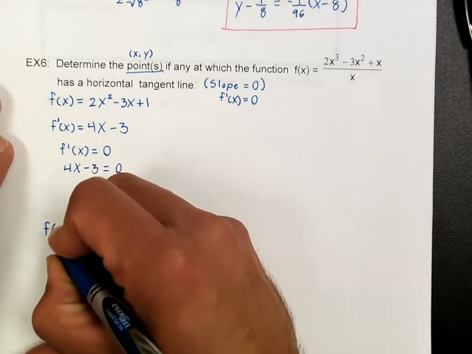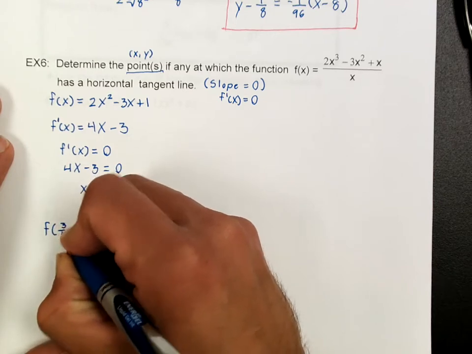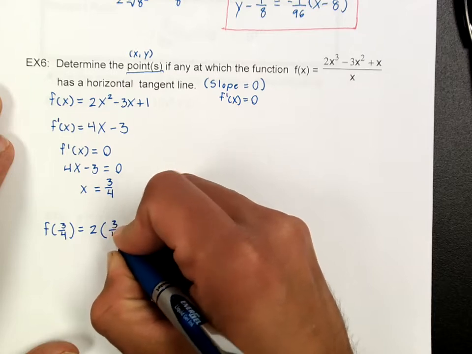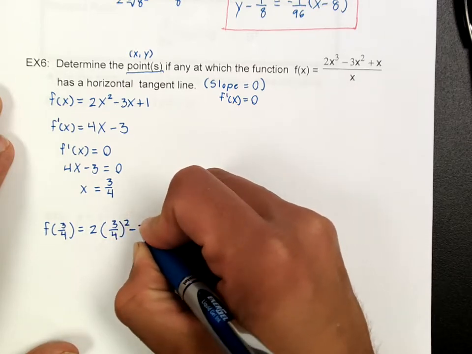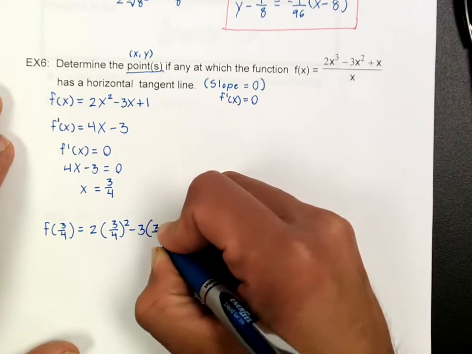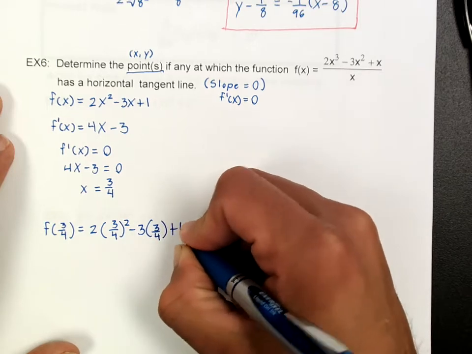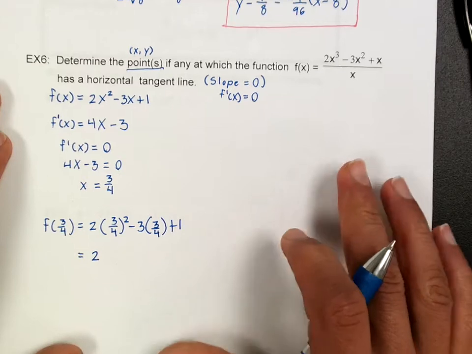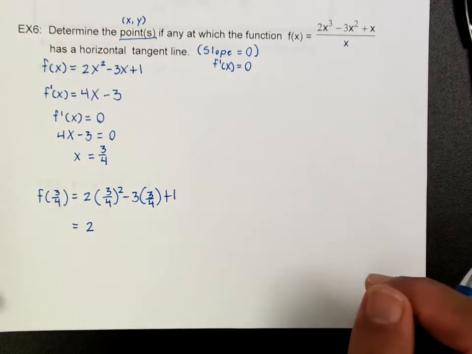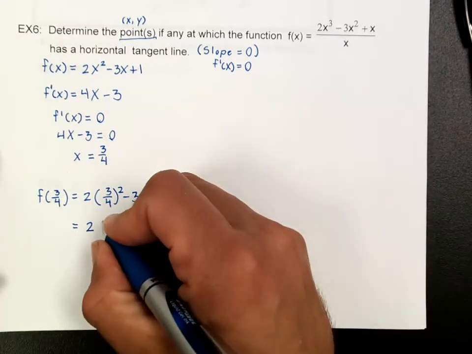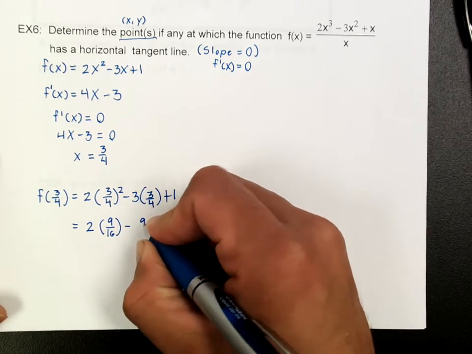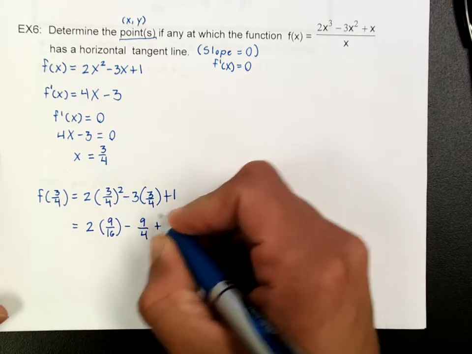So f of 3/4 is equal to 2 times 3/4 squared minus 3/4 plus 1. And then I'm just going to do some of the arithmetic here. That would be 9/16 minus 9/4 plus 1.